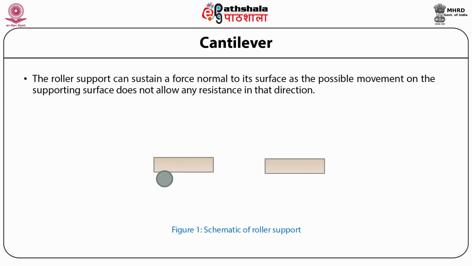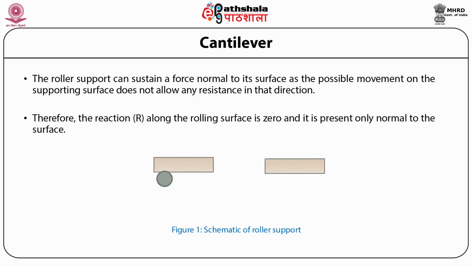The roller support can sustain a force normal to its surface, while movement along the supporting surface is possible, which does not allow any resistance in that direction. Therefore, the reaction R along the rolling surface is 0 and it is present only normal to the surface, which is shown in the figure.